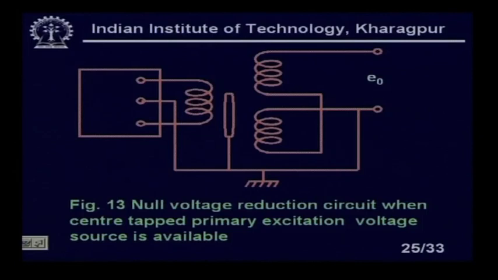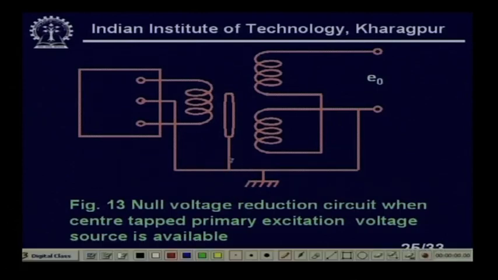If you have the center tap primary excitation voltage source, I can use this type of circuit, where the center tap is grounded with the ground of one of the output terminals, and now I am getting outputs. In this case you will find the null voltage will be 0, right.